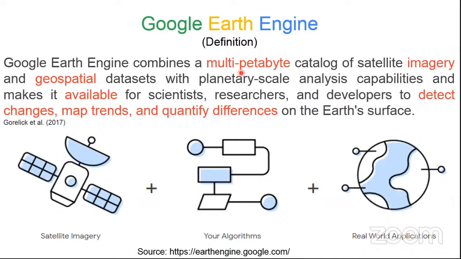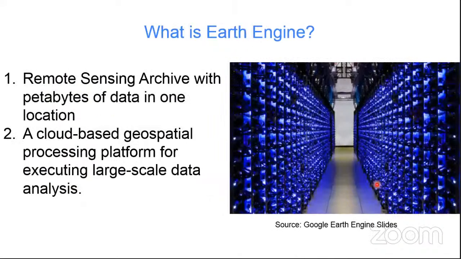As highlighted in the important keywords on the slide, it is a multi-petabyte catalog, meaning it has a numerous number of datasets combining satellite imagery and geospatial datasets. It is freely available for scientists, researchers, and any users to detect any type of change, map trends, and quantify differences on the Earth's surface. The satellite images are there. You just develop your own algorithm and you can get your real-world application.